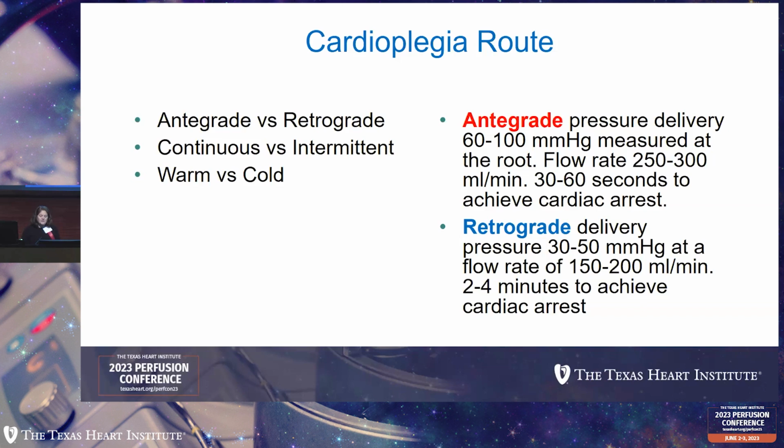Antegrade delivery is poorly distributed to the areas of stenosis, and flow is directed away from the vulnerable subendocardial muscle. Retrograde cardioplegia is directed preferentially towards those subendocardial muscles, despite occlusion of the arterial vessel supplying that jeopardized area. But it results in inconsistent RV and septal protection because of the placement of that balloon catheter.